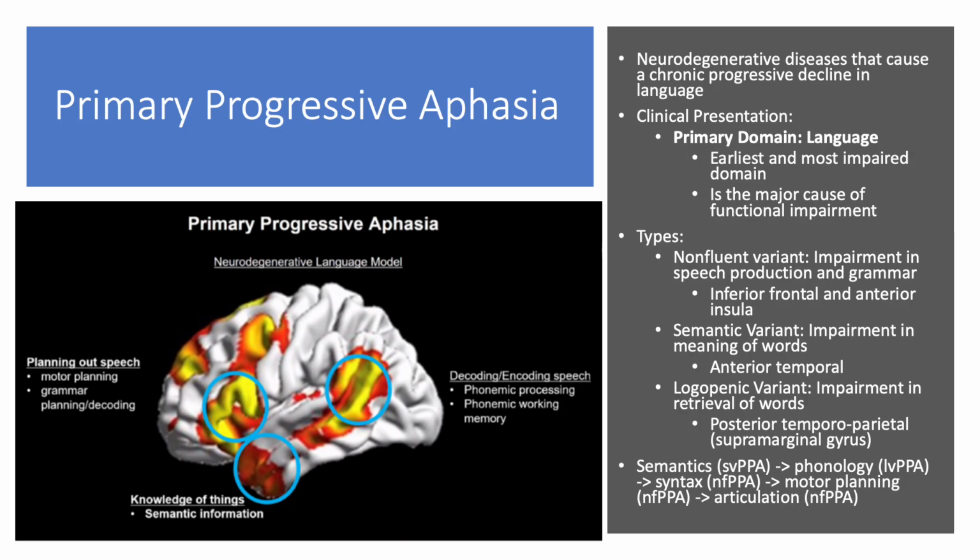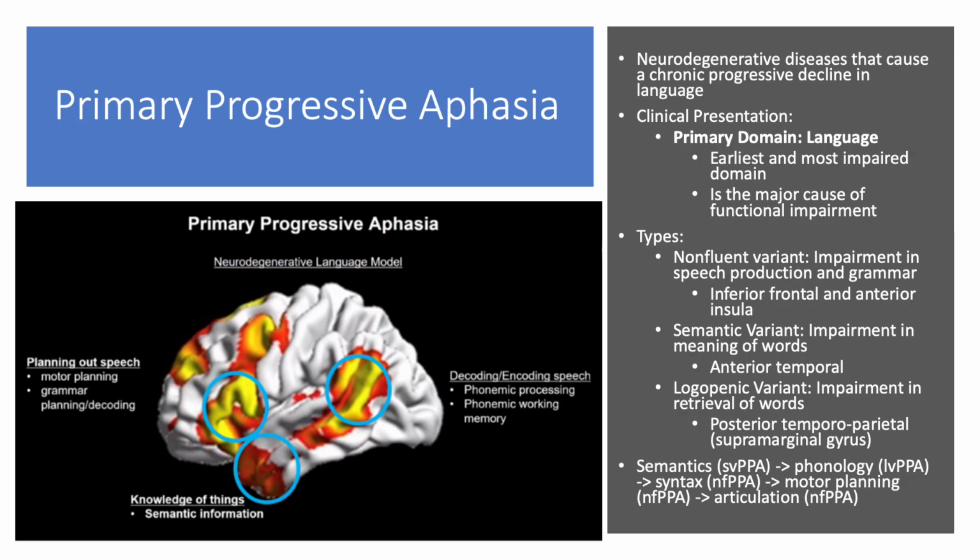We'll talk a little bit about primary progressive aphasia, which is a neurodegenerative disease that causes a chronic progressive decline in language as a primary cognitive domain that is affected. So earliest and most impaired domain, patients start to struggle with word finding, and this causes significant functional impairment as they struggle to communicate.